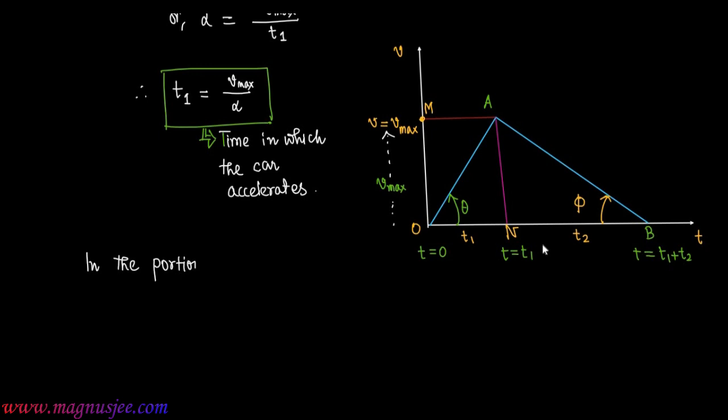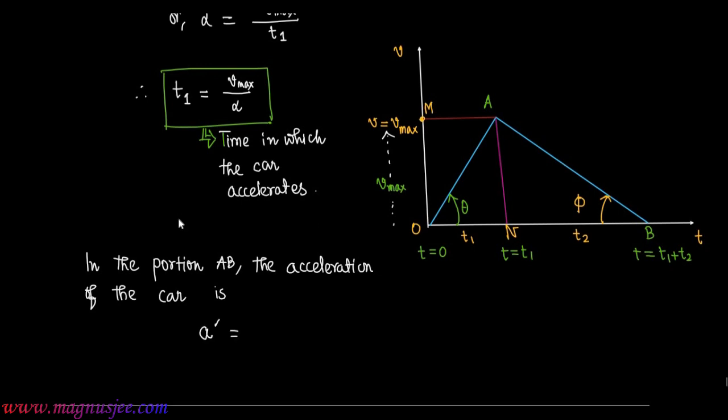In the portion AB of the velocity time graph, the acceleration of the car is given by a prime, which is equal to tan of 180 degrees minus phi.